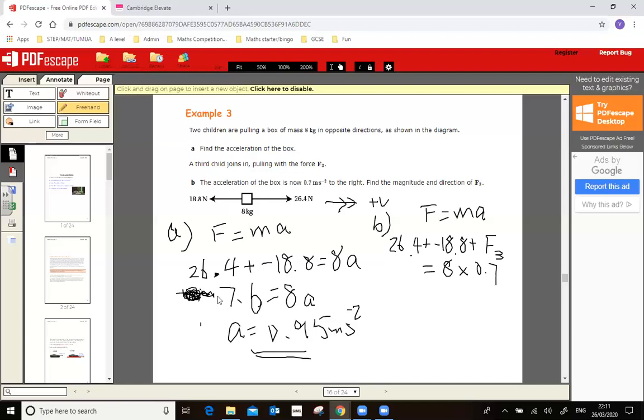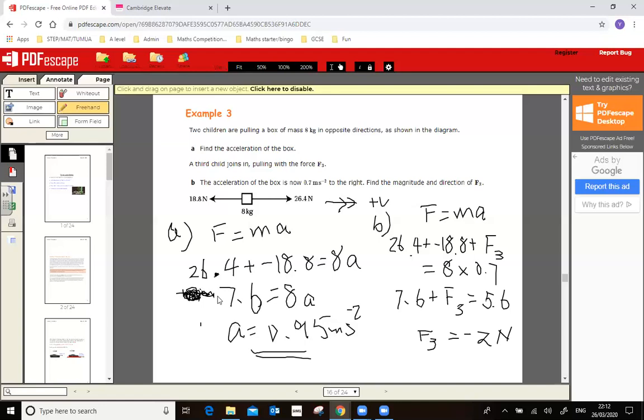Okay, so that means we have 7.6 plus F3 equals 8 times 0.7, that's 5.6. So that means our third force, F3, equals 5.6 take away 7.6, and that would be minus 2 Newton.